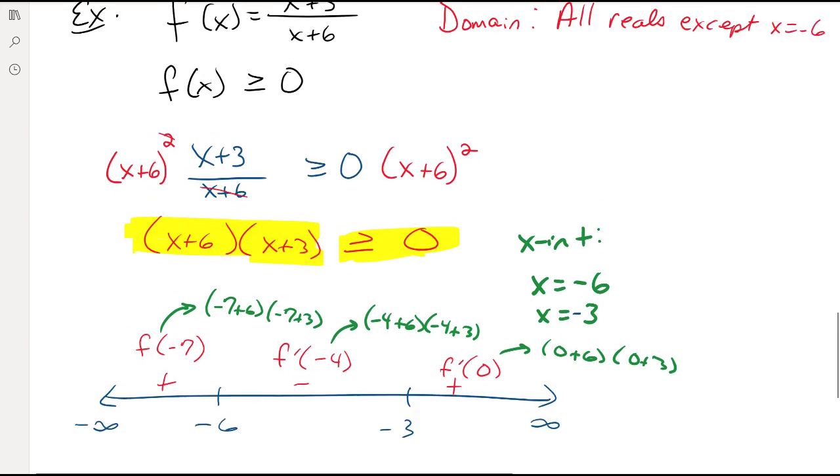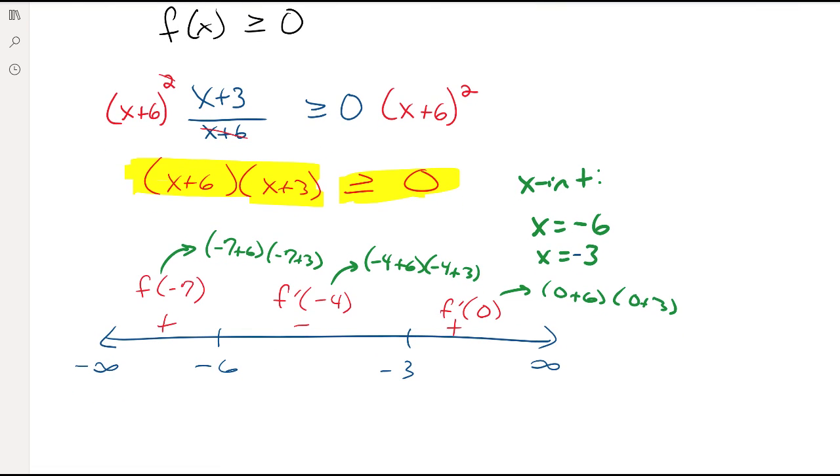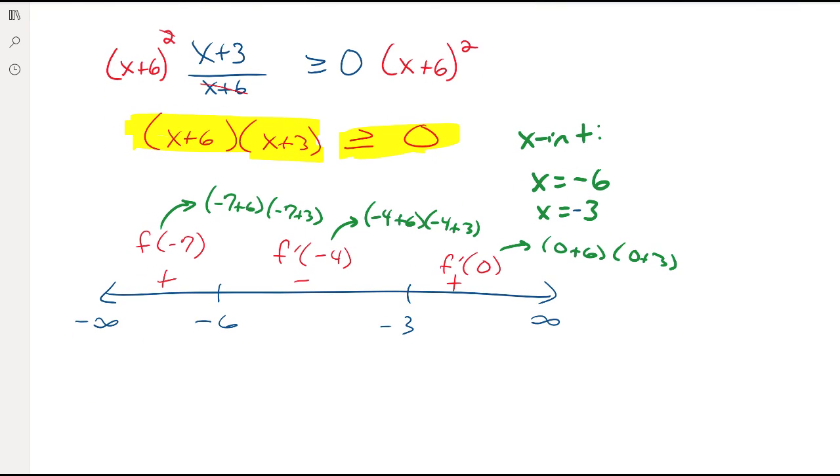But keep in mind, -6 cannot be part of our answer. So what's the final answer here? We have a plus sign over here on this left side. So we're going to go from -infinity up to -6, but we can't include the -6, unfortunately. Oh, sorry. And we definitely can't include the -infinity because we can't ever reach that.